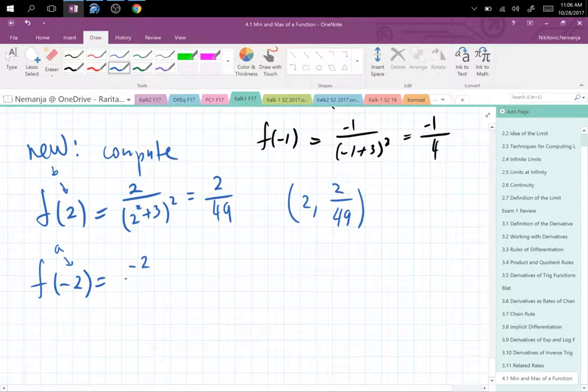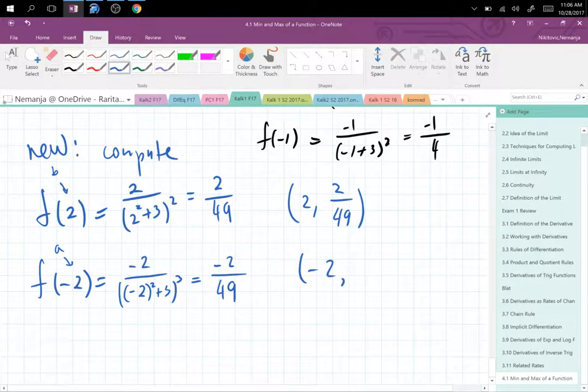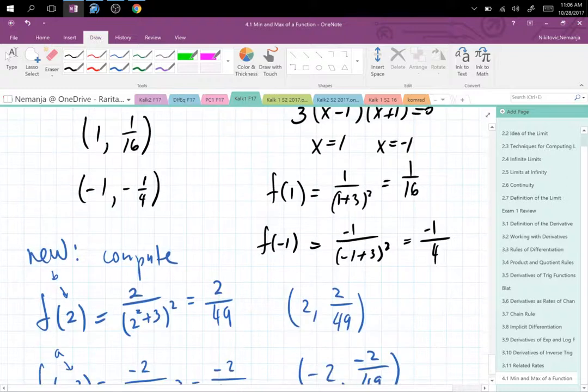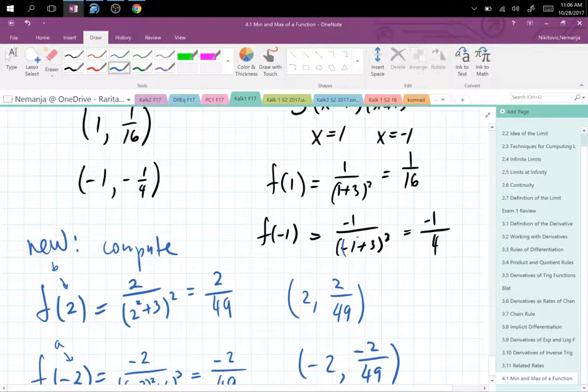Now negative 2, you have, oh, I have a mistake up there. No one caught that one. No one caught the mistake before, right? This one is squared.